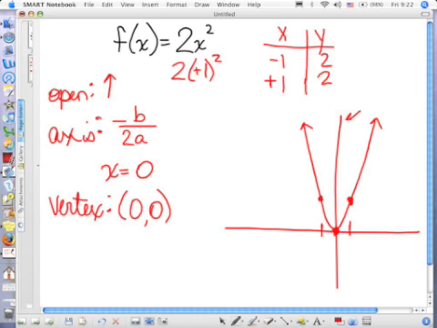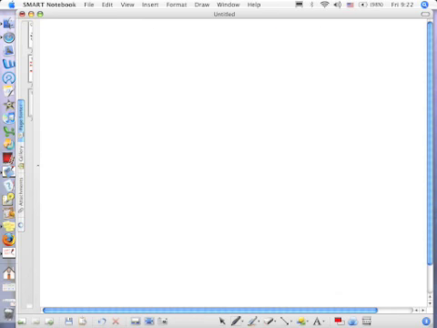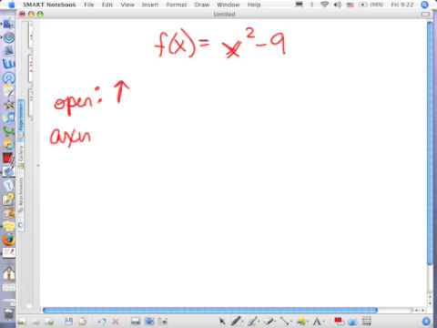Let's look at number 17, because in number 17 you didn't have a b term. Again, you didn't have a b term, but you didn't have a c term. Okay, how does it open? Up. Axis of symmetry is, if there's no b term, what's the axis of symmetry going to be? X equals 0.